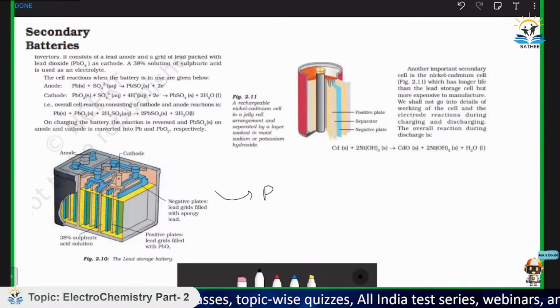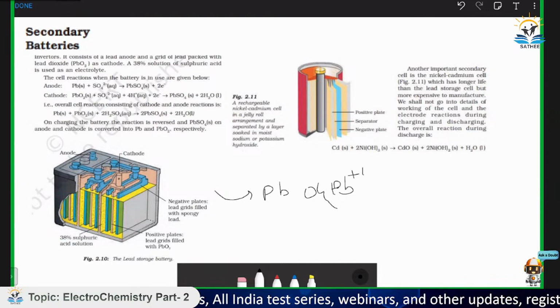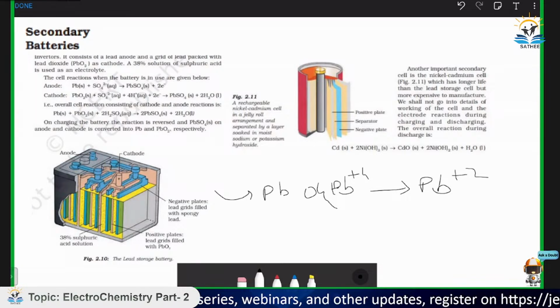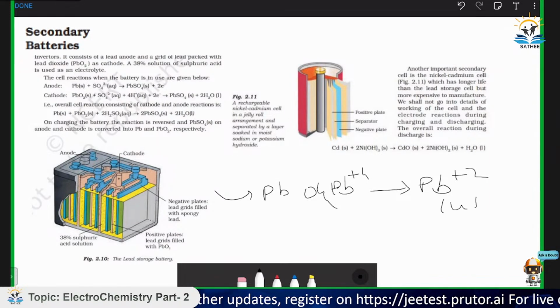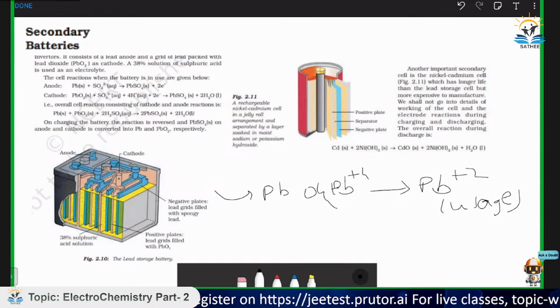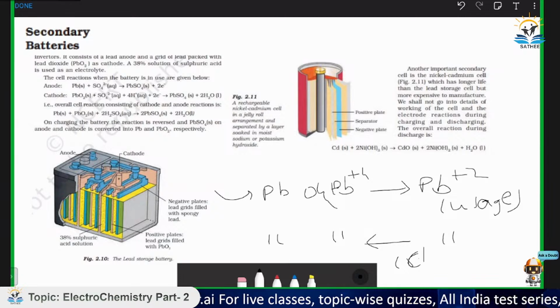Lead storage thing: your Pb0 and Pb plus 2 is charging, using this, and your H2O gets broken down. The reverse happens in charging.